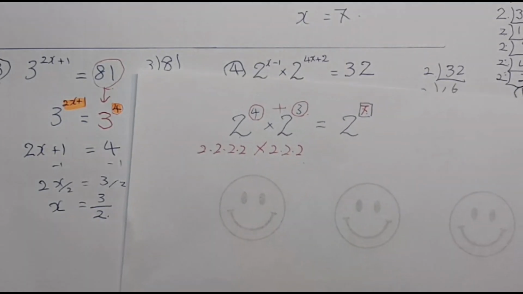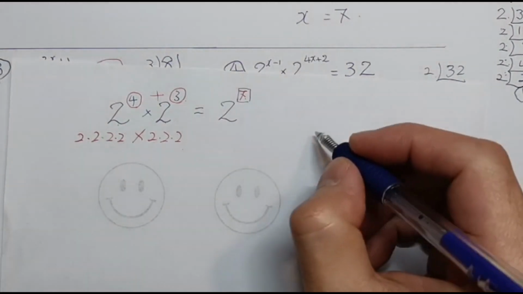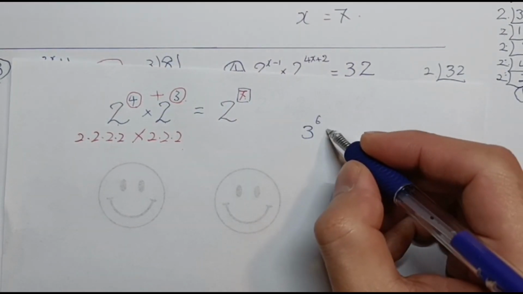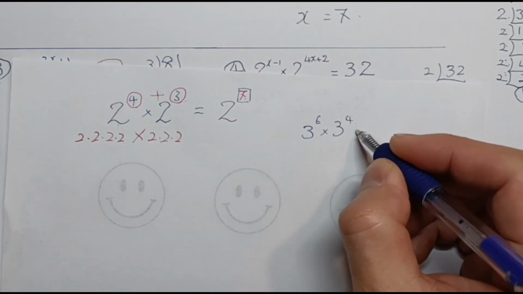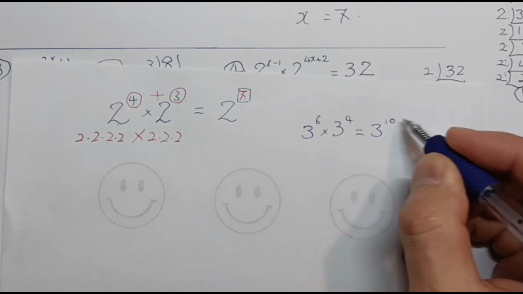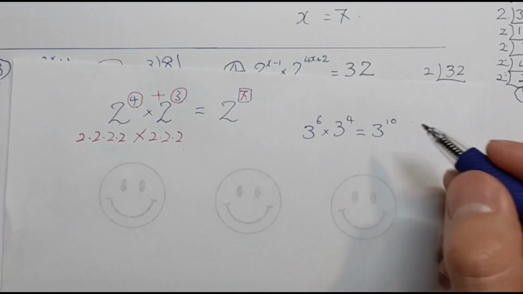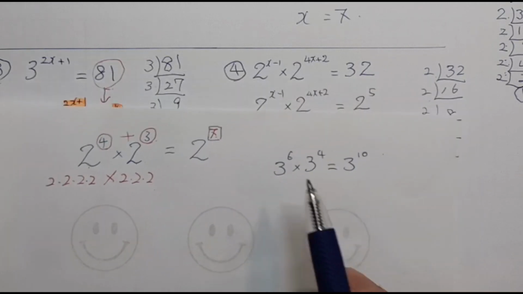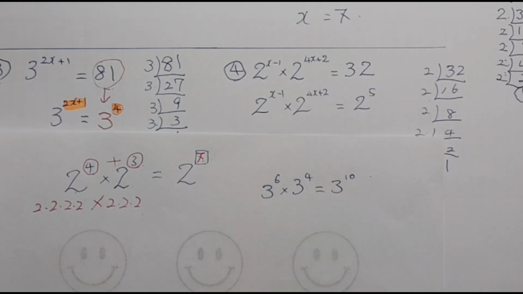So for example, 3 to the power of 6 times by 3 to the power of 4 means 3 to the power of 10, isn't it? Okay? So we are using this one to deal with this one, okay?